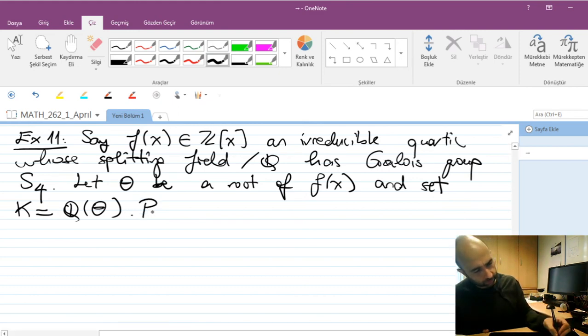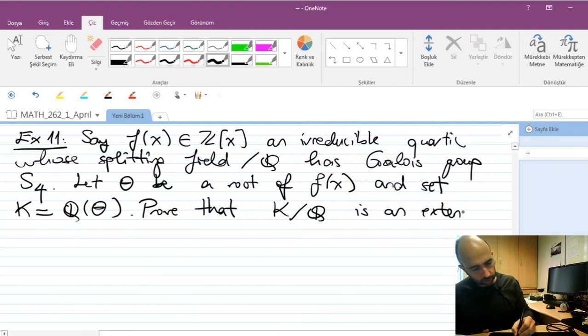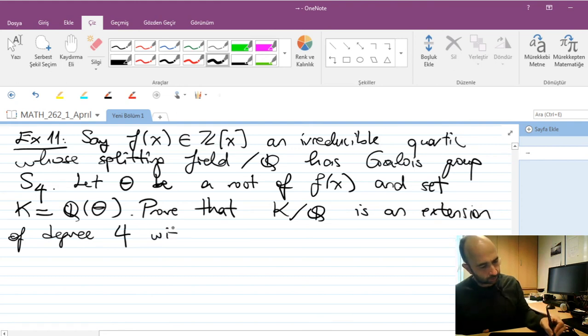Prove that K over Q is an extension of degree 4 with no intermediate subfields.